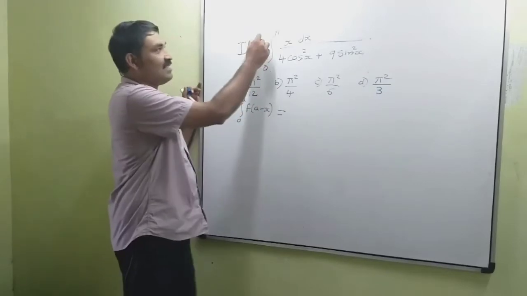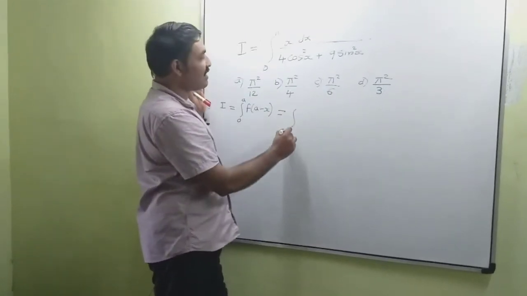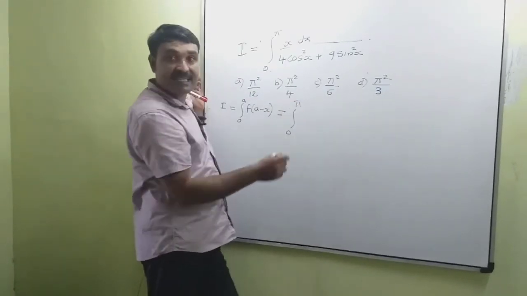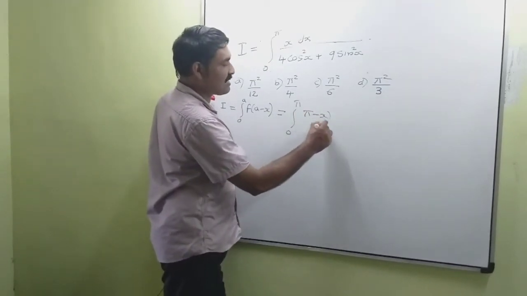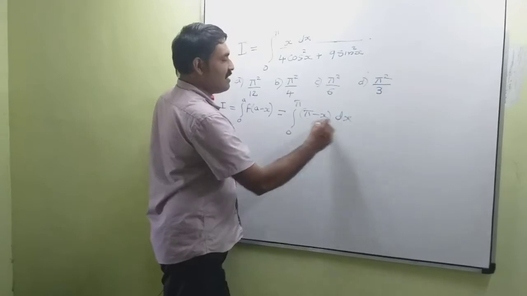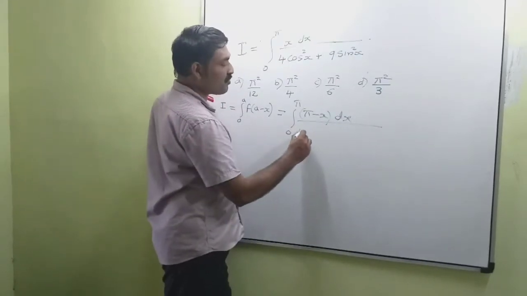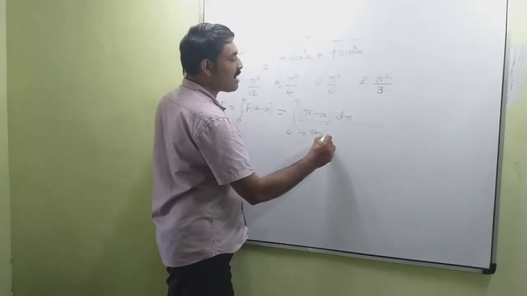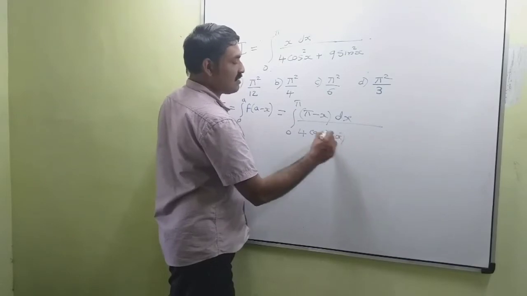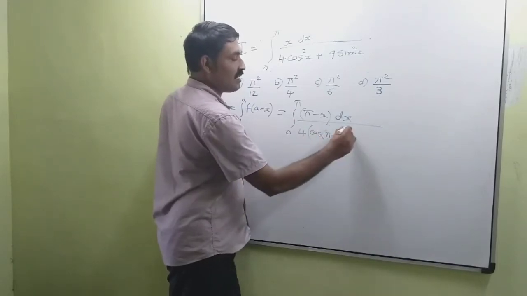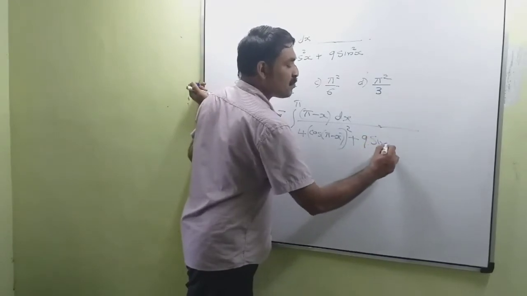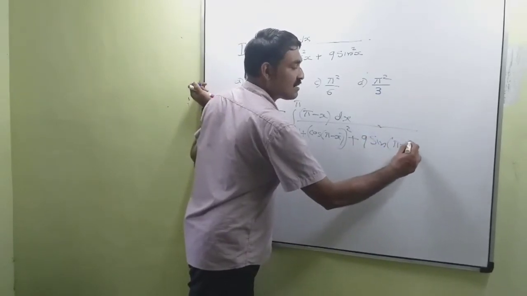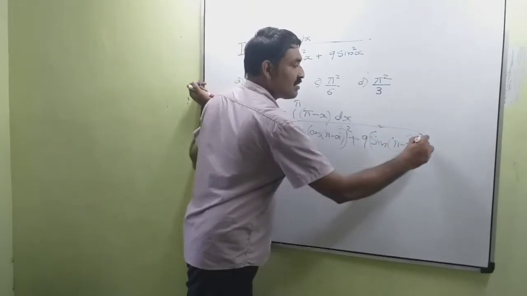So this integral is equal to the integral from 0 to pi, x is replaced by pi minus x, dx divided by 4 cos of pi minus x, the square, plus 9 times sin of pi minus x, the square.